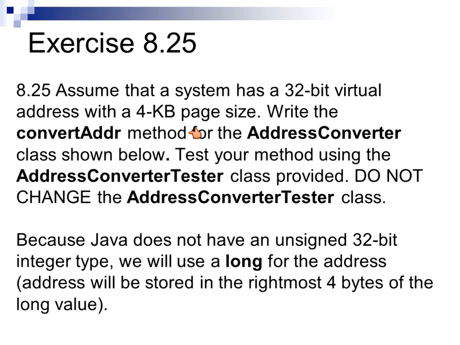Now, this problem is making the same assumptions that problem 8.16 made. You have a 32-bit virtual address and a 4K page size. So it's the same assumptions that we made in the last exercise.